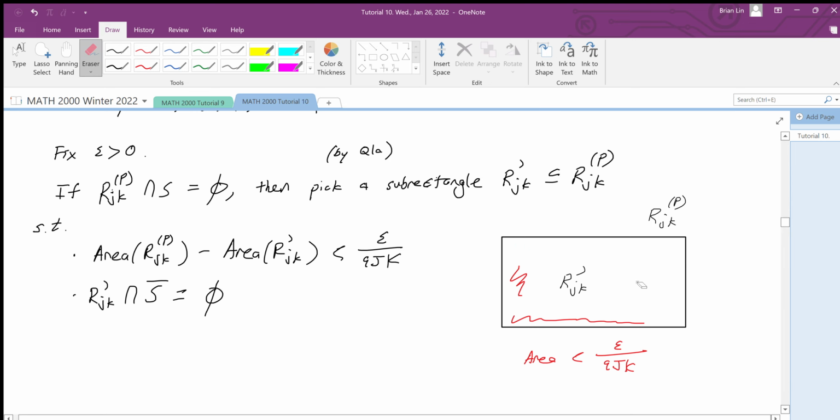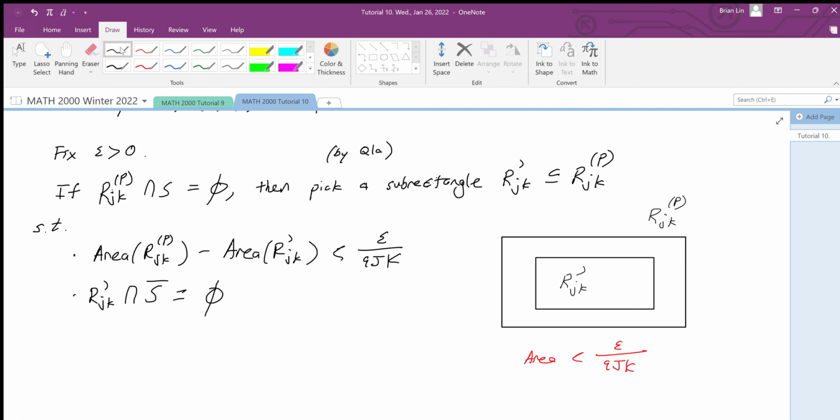So let's be a little bit more specific. If I were to subdivide this into many smaller boxes, I could call this guy T1, T2, T3, T4, T5, T6, T7, and T8.